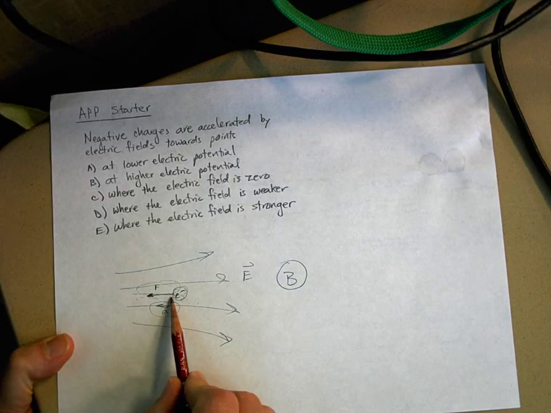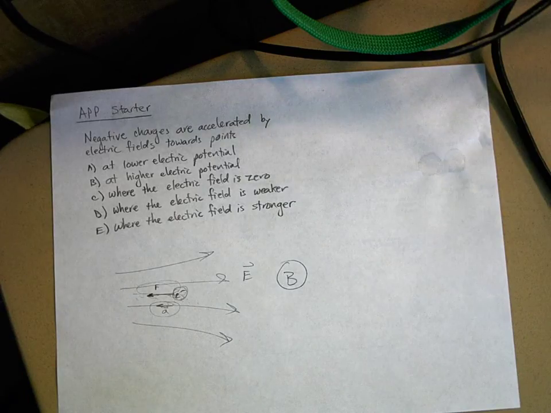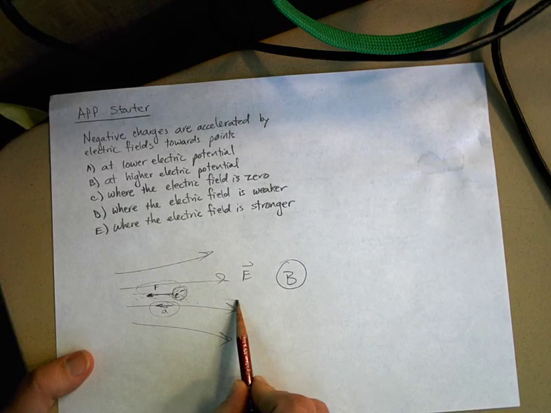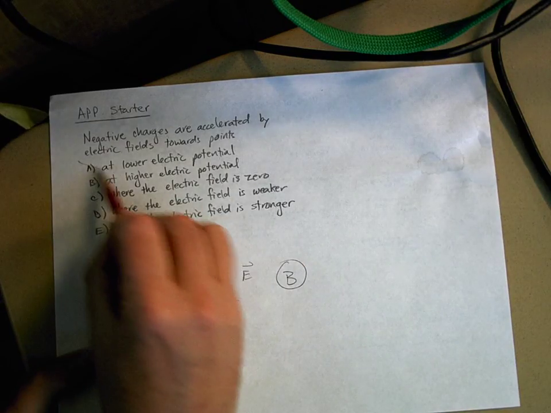And if you are moving against any kind of field, whether it's an electric field or gravitational field, you're gaining potential. And so that's why it's B. You're certainly not going to move towards a lower potential. So A is just wrong.